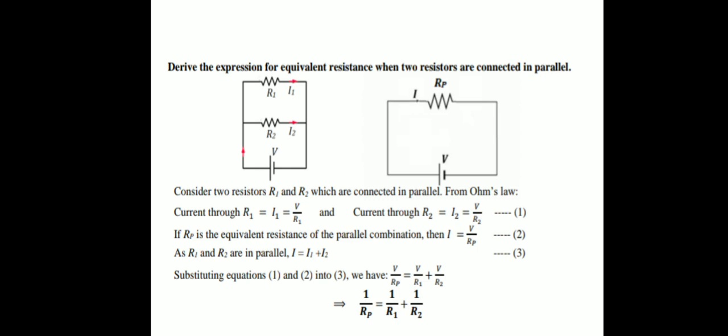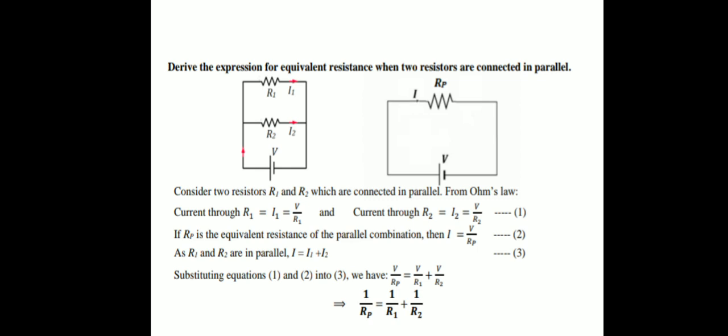Suppose Rp is the equivalent resistance of the parallel combination, then I is equal to V divided by Rp. As R1 and R2 are in parallel, I is equal to I1 plus I2. Therefore from equations 1, 2 and 3 we can write V divided by Rp is equal to V divided by R1 plus V divided by R2.